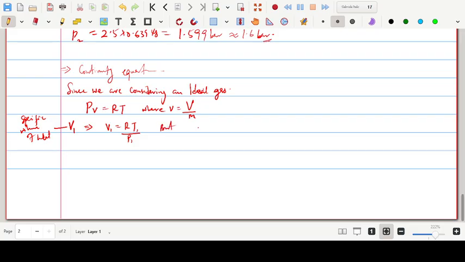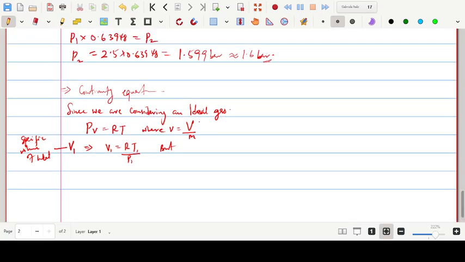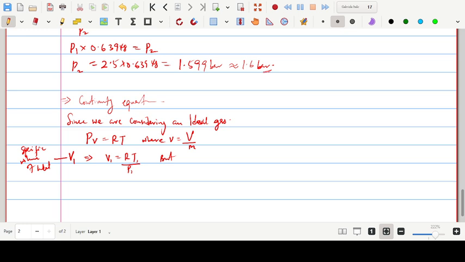But now we only have Cp. We did not have our R, because it wasn't given in the question. But there is a way that we can look for our R. How? Cp minus Cv is equals to R, and also Cp over Cv is equals to gamma. You understand now?